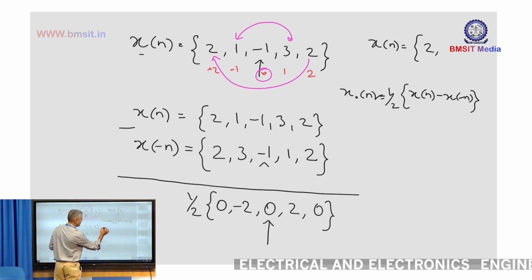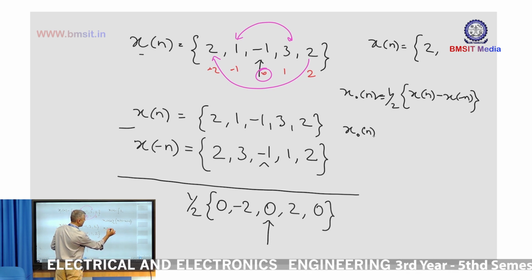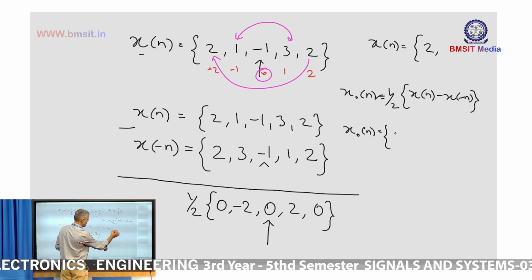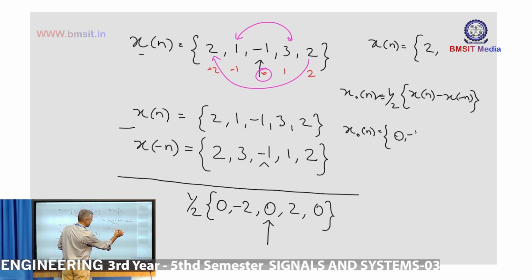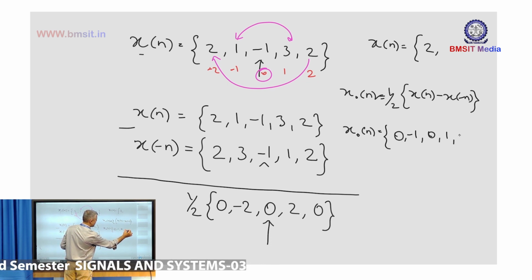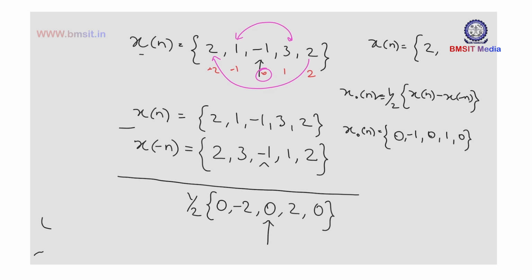Therefore, the odd component x odd of n is 0, minus 1, 0, plus 1 and 0. This is the odd component. So the even component and odd component can be obtained in this fashion.